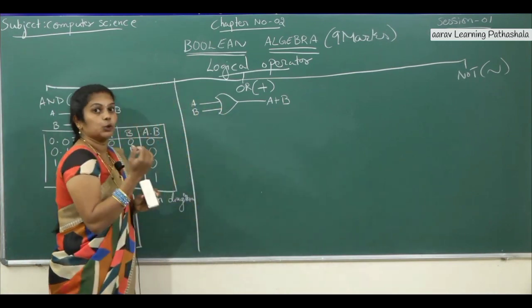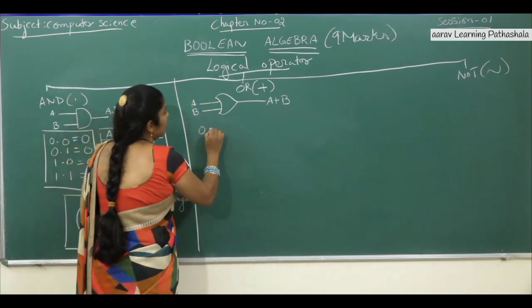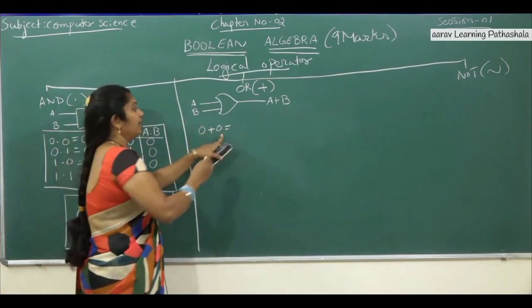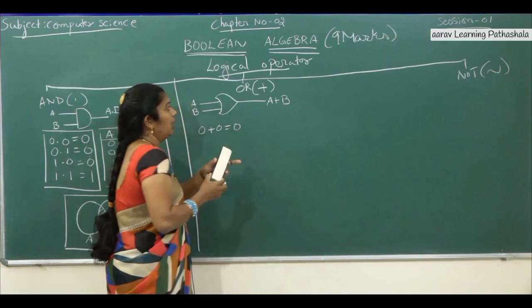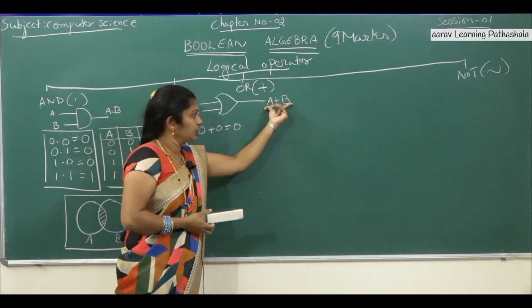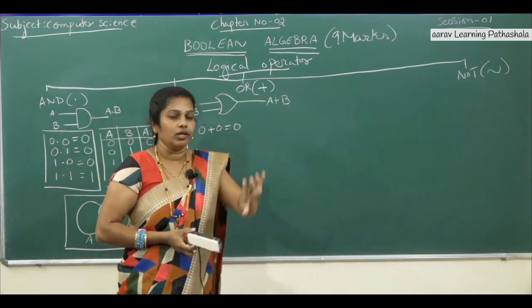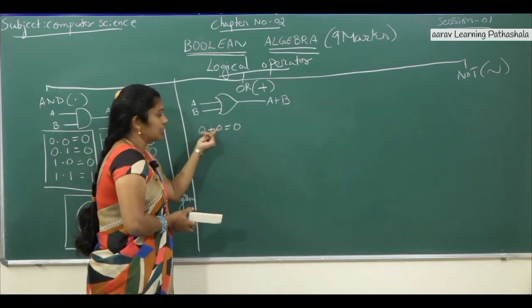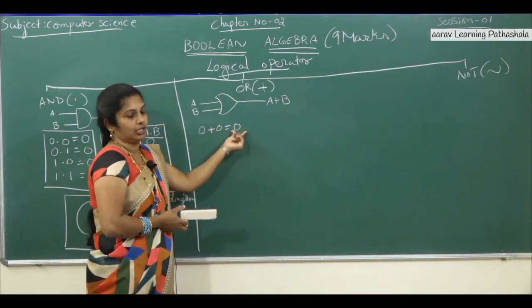Then what are the values we will get? For example, 0 plus 0. What is the output? Here the output becomes 0, because in an OR operator, if any one of the inputs is true, the output becomes true. Since both inputs are false, the output becomes false here.